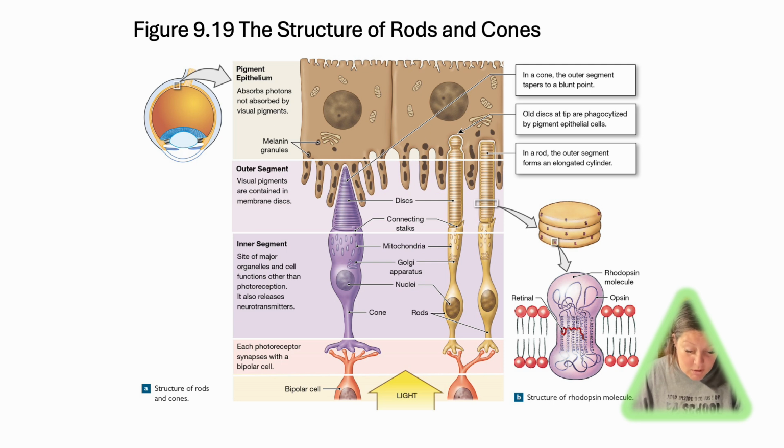So I do want to make mention of vitamin A. Vitamin A, again, is going to help synthesize the retinol, which is used in vision. So for our photoreceptors, vitamin A.